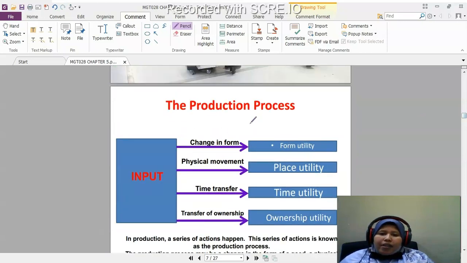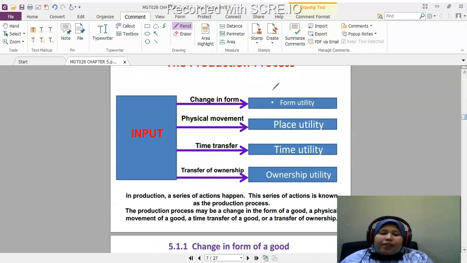So the production process, as I mentioned before: input will change in form, physically in movement, time transfer, and also ownership. If these four things happen to the input, it means that the activity of production has occurred.